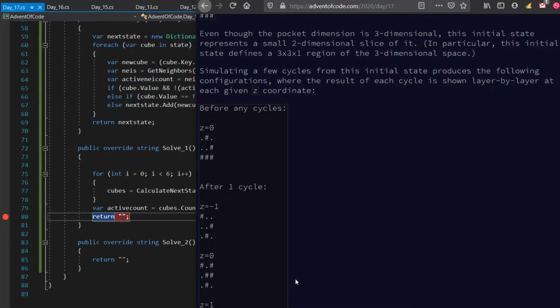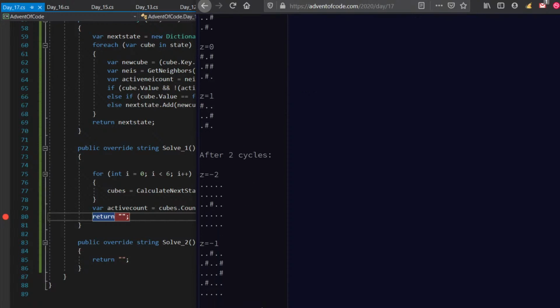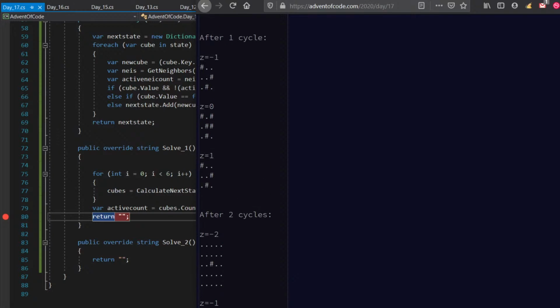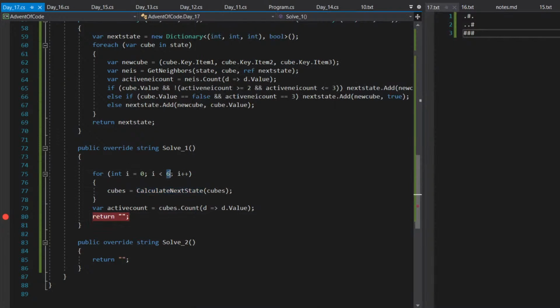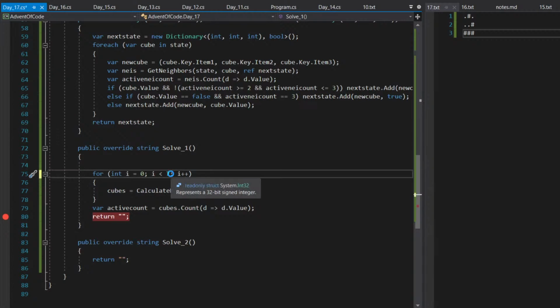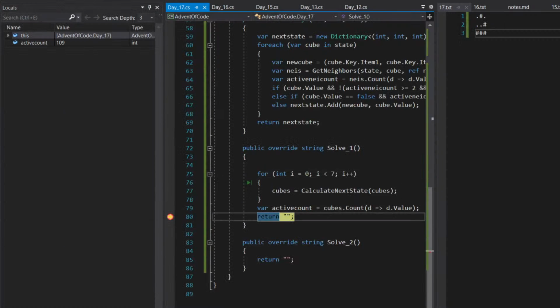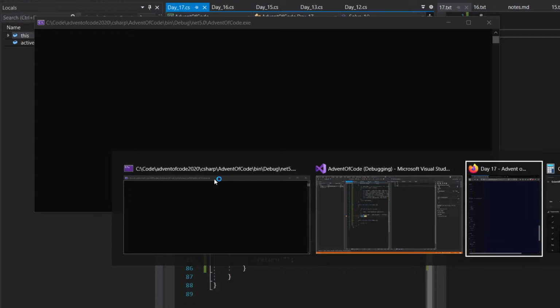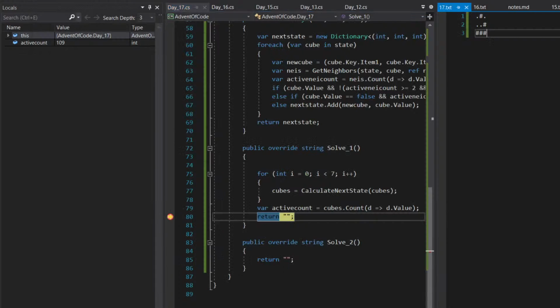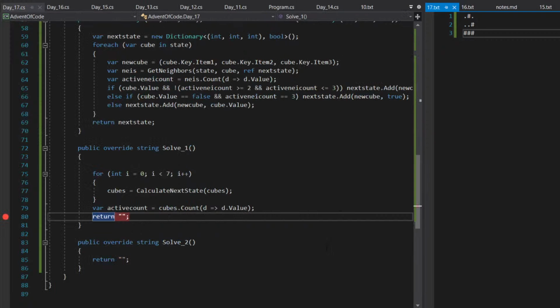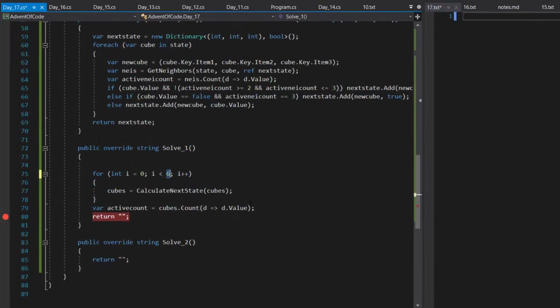So it should be active on the next iteration, which I think would be here. Yeah. What do we get after 7 iterations? 109? I don't know why I ran that.